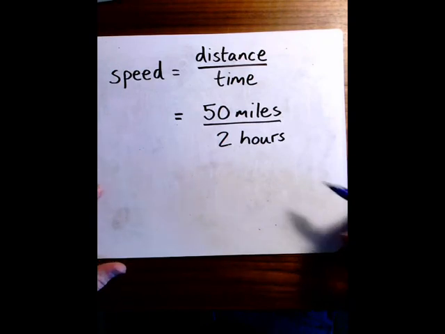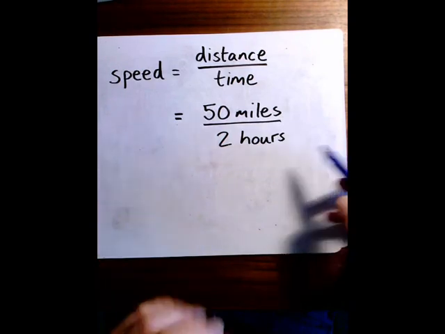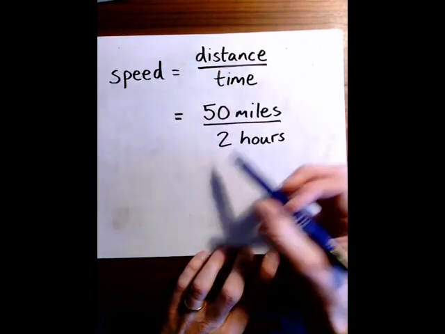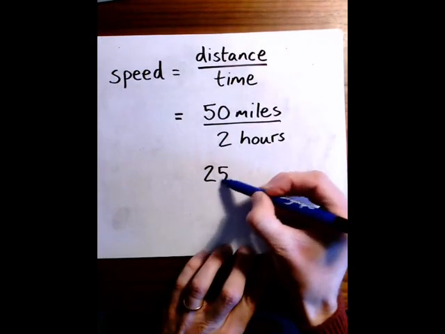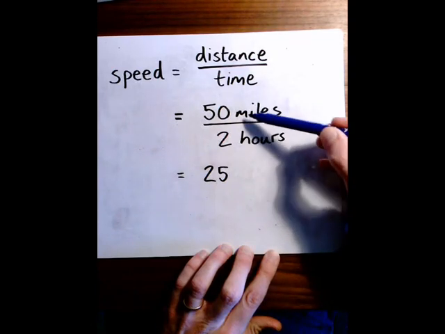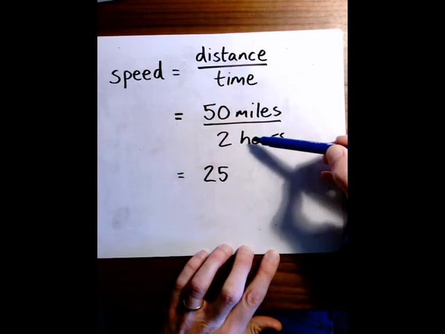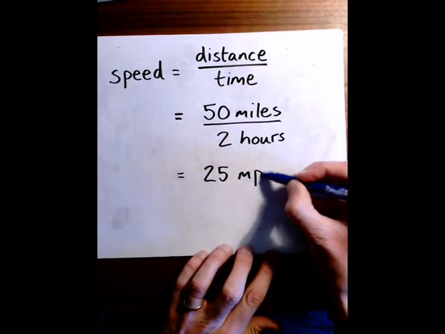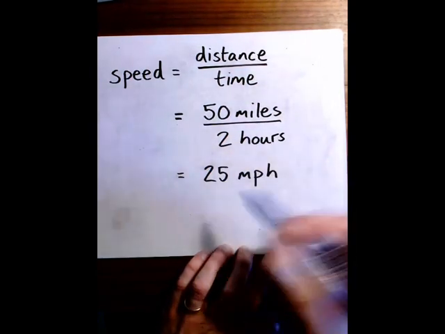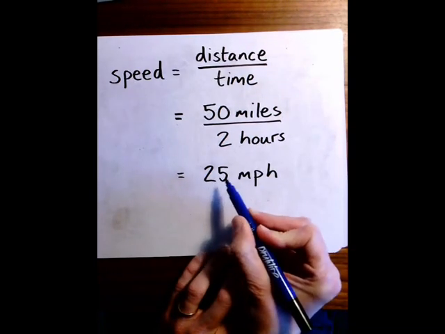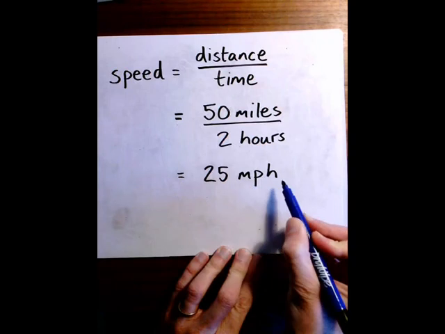Well, that's going to take me 50 divided by 2, which is 25. And now let's think about my compound unit. I've got miles divided by hours, so it becomes miles per hour. Let's think about what that actually means. That's telling me I cover 25 miles every hour.